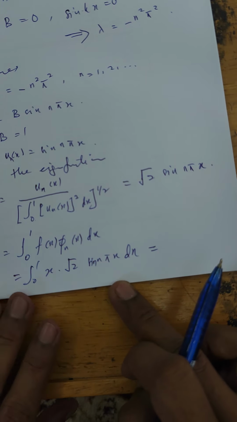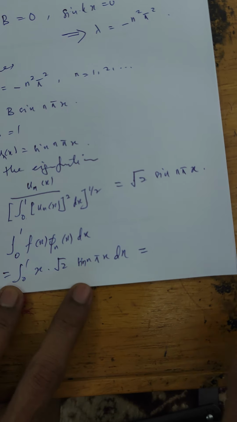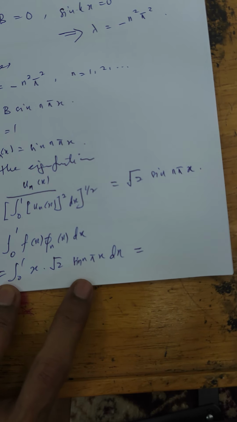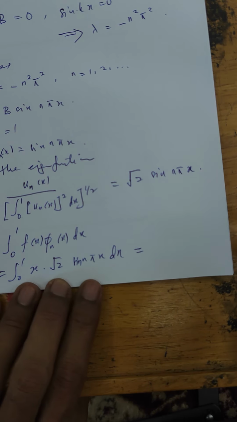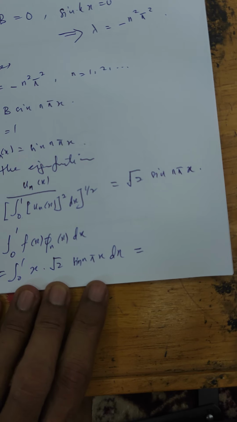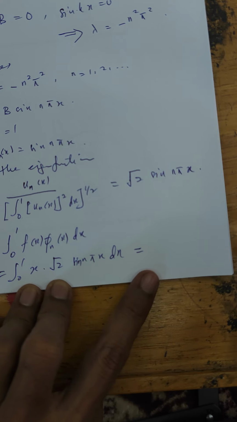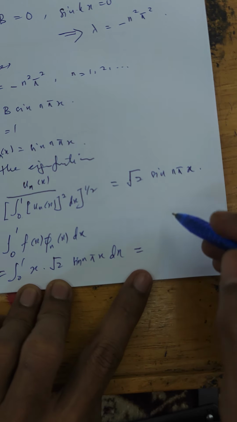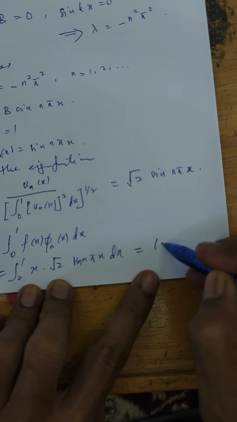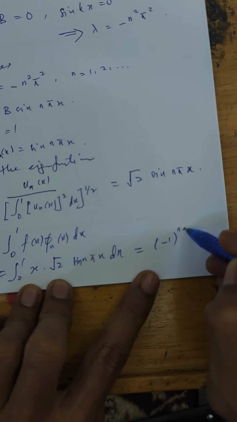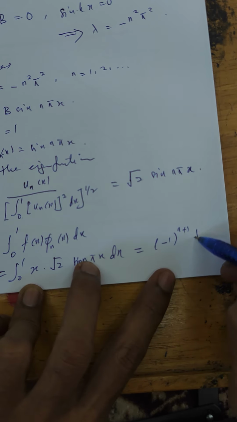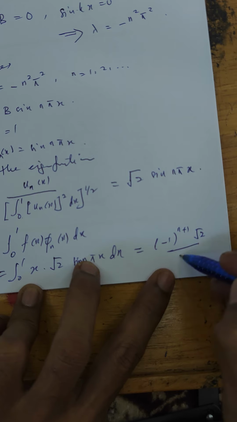I think you can use integration by parts, which may be the best. And then we obtain the solution minus 1 to the n plus 1 times square root of 2 over n pi.